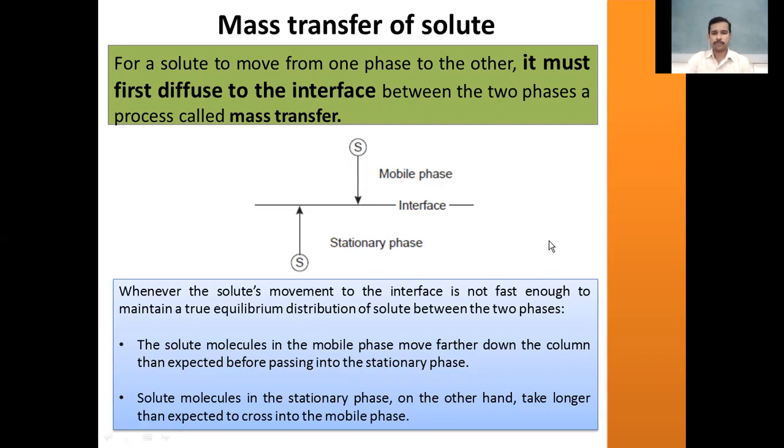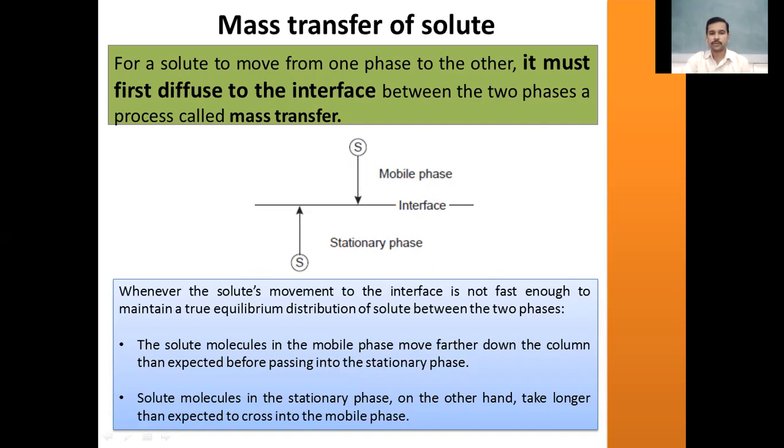If this diffusion becomes unusual, that may be due to the mass transfer of the solute into either the stationary phase or the mobile phase without diffusing into the interface. Mass transfer: the maximum quantity of the solute present in a band may be transferred directly into the stationary phase or into the mobile phase without getting diffused into the interface.